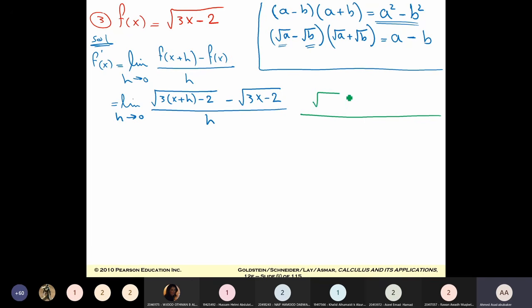So multiply with radical 3x plus h minus 2 plus radical 3x minus 2, and we have also the same in the denominator, because we multiply by 1. Not multiply just the numerator or the denominator, it must be multiplied in both denominator and numerator. Okay, not only one of them.